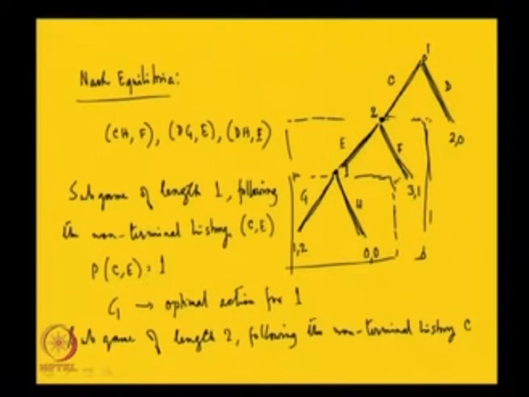So, 2 trusts that 1 will take this action G. So, I can write this payoff here as 1, 2. So, the comparison is between this 2 and this 1, and obviously 2 is greater than 1.